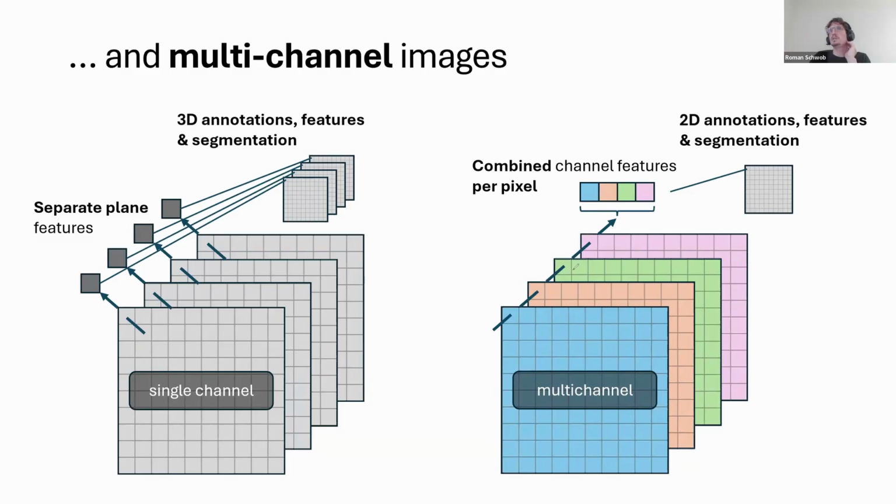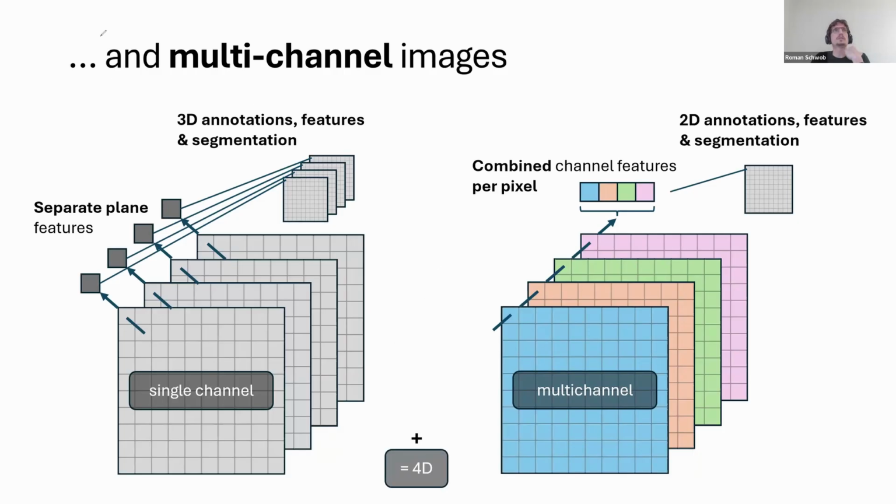You also want to use that information to create one resulting class. In a simple example, this can be RGB, right? You have a channel for red, a channel for green, and a channel for blue. And obviously you want to use all three pieces of information to define what something is. And then obviously you can combine them.